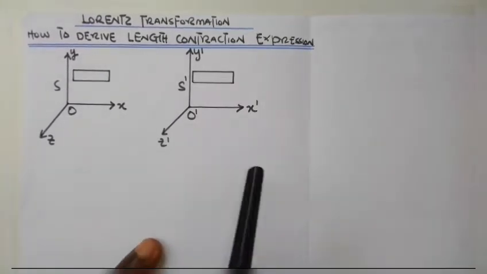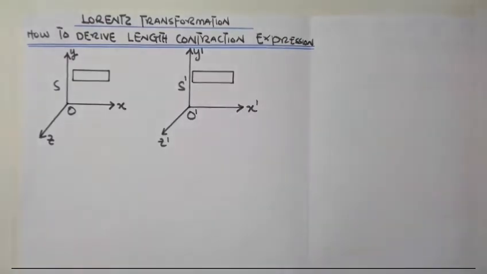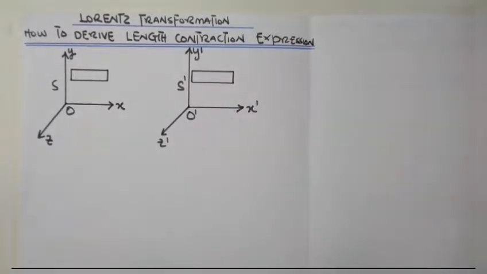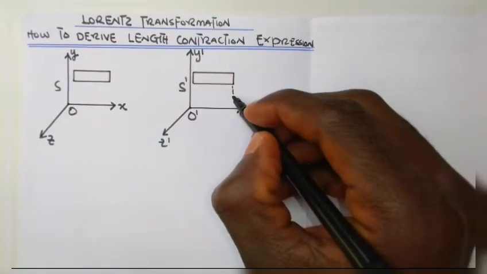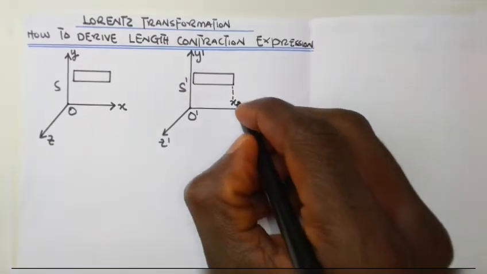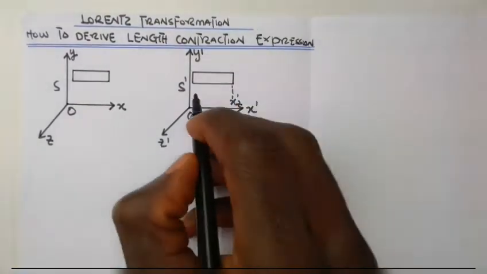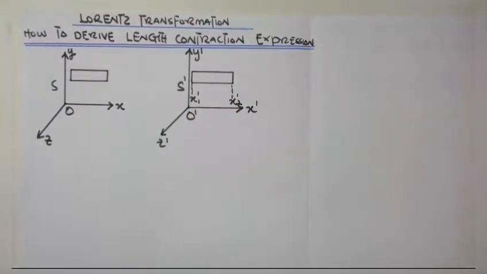So if an observer stays in this frame, how would he see this rod? He will see this rod as having coordinates, the last part of this rod to be x2 prime. This he would call x1 prime.